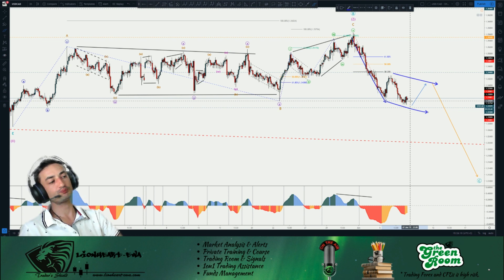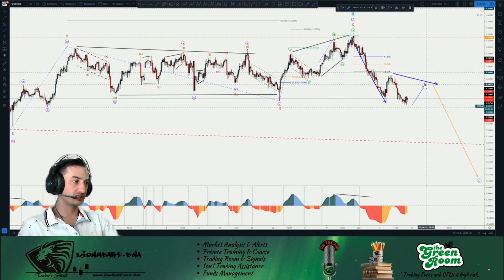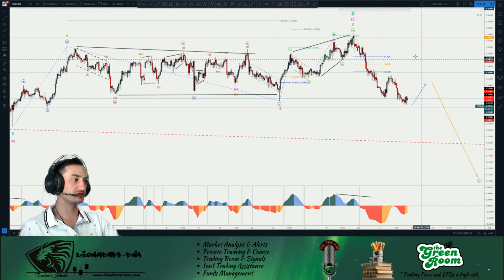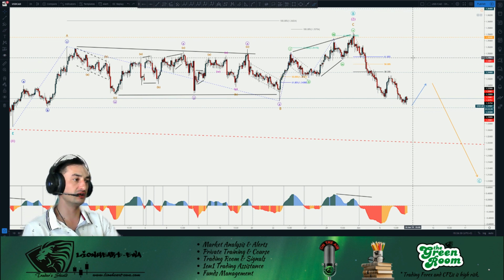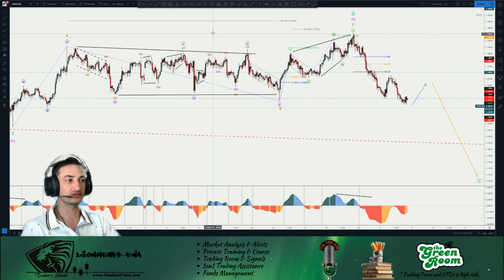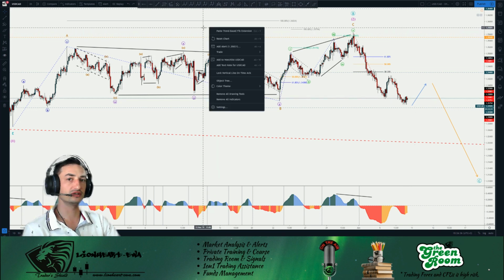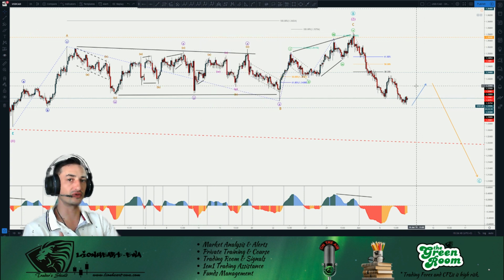So basically, I'm expecting possibly a bit more upside, but it doesn't really have something to do with the weakness in the dollar, but it has something to do with the weakness in the crude oil and the strength in the CAD. Maybe the CAD data released today will be a bit soft, and the dollar could take advantage of this temporarily.